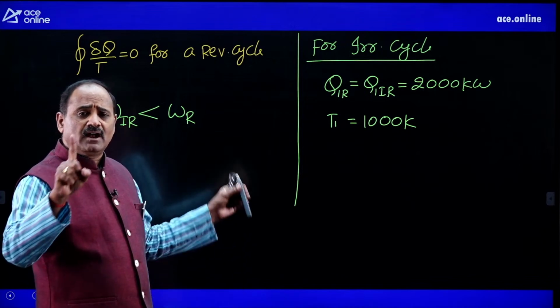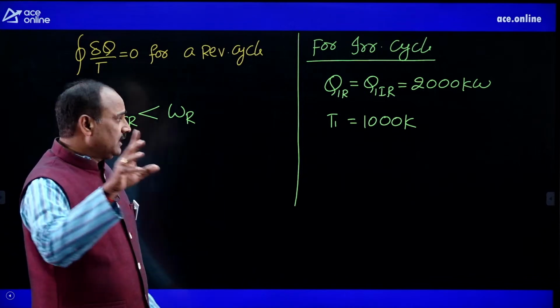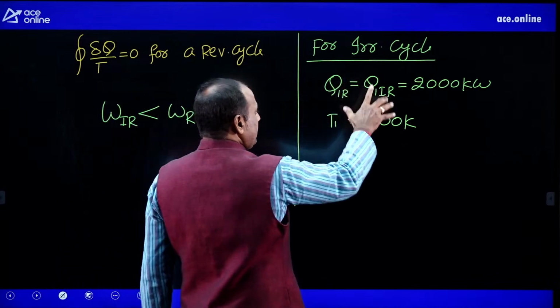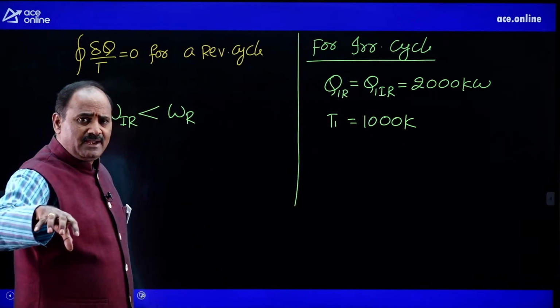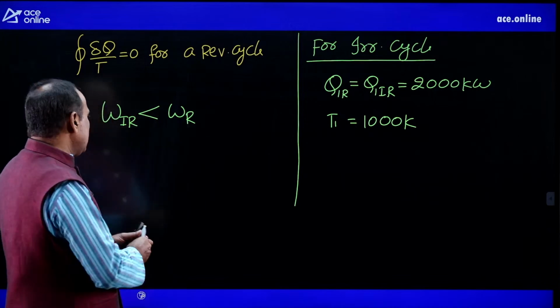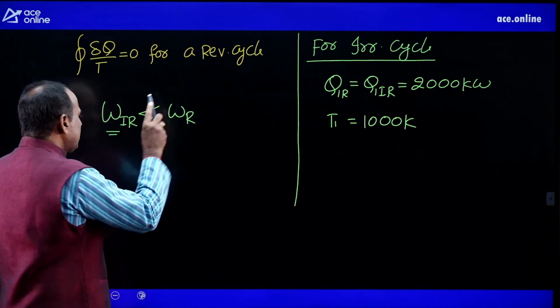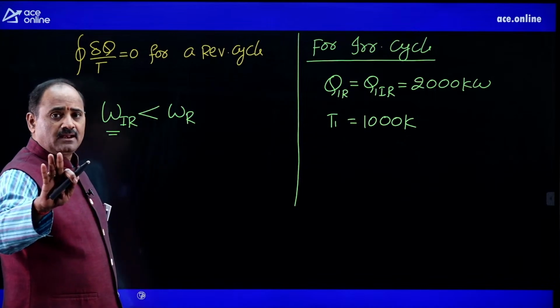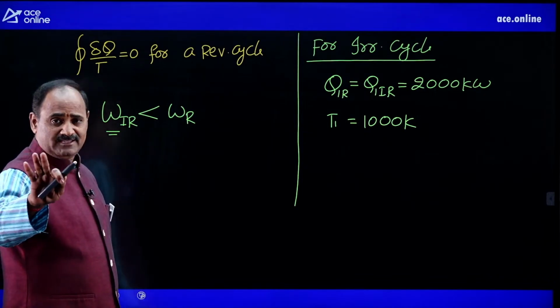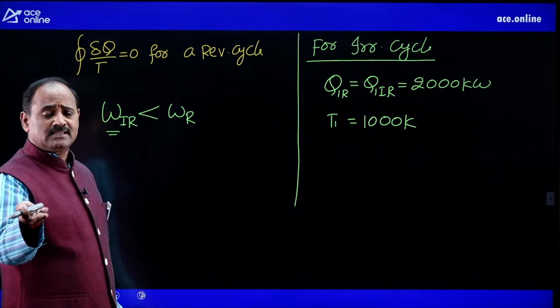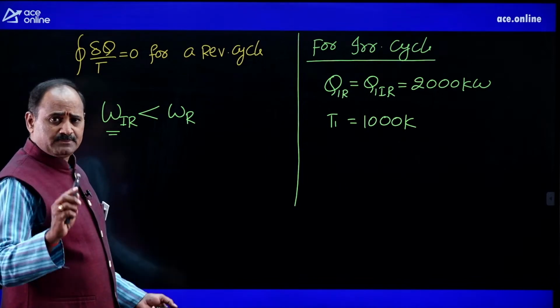But the work output of the irreversible heat engine is always less than the net work output of the reversible engine because of the internal irreversibilities.